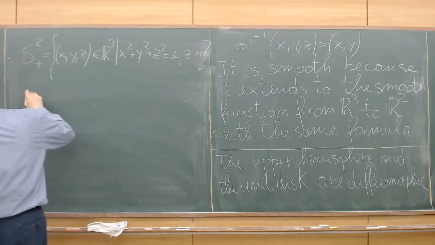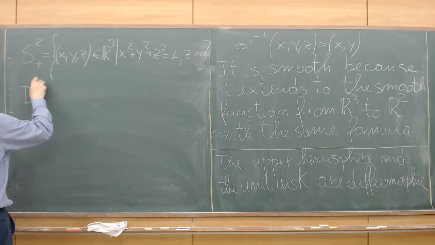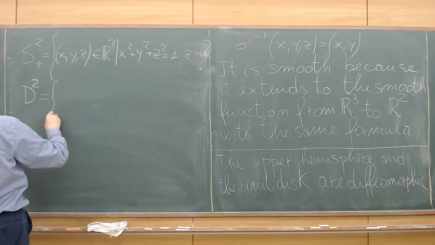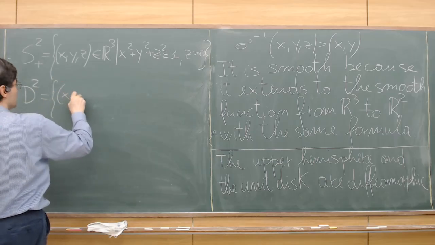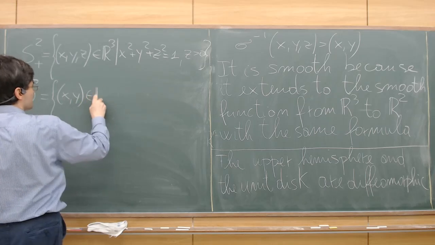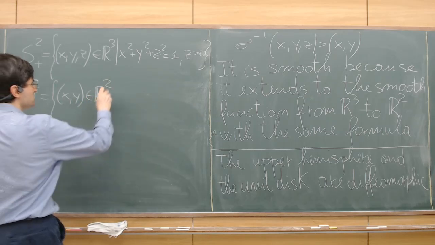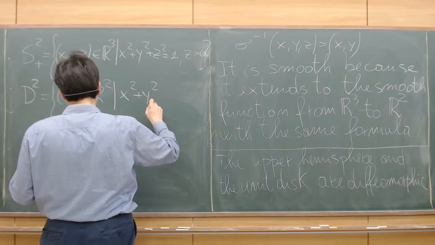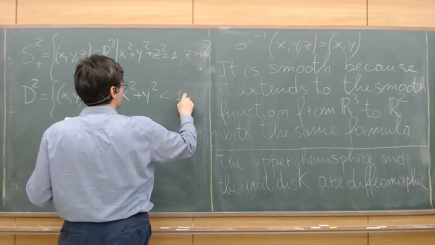And the unit disk denoted by D2 is the set of points of coordinates x and y in R2 such that x squared plus y squared is strictly smaller than 1.